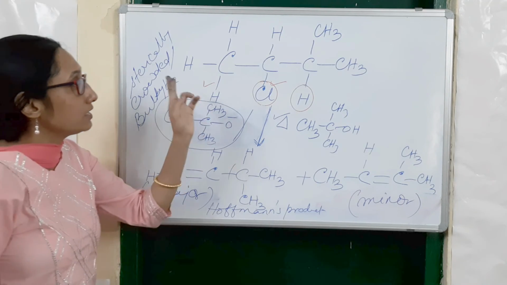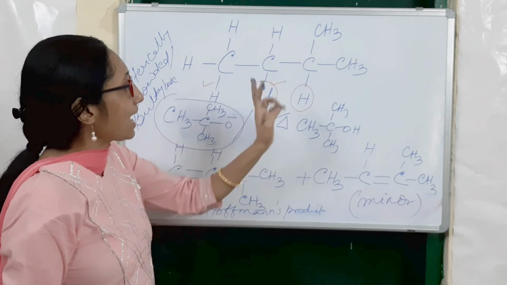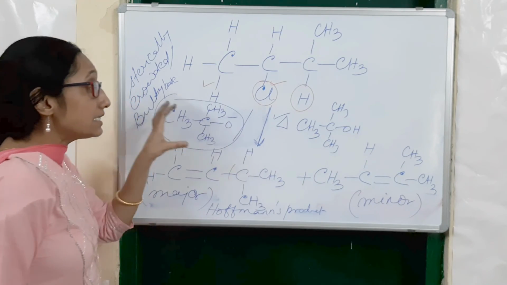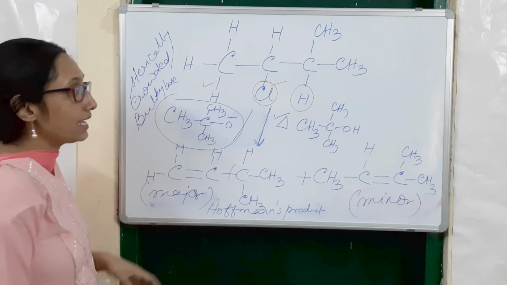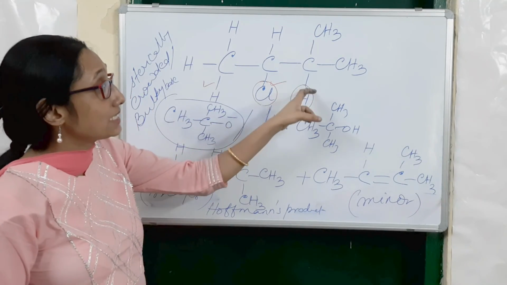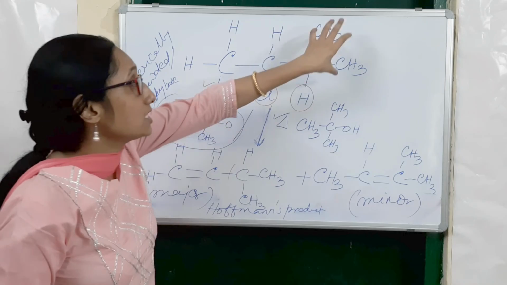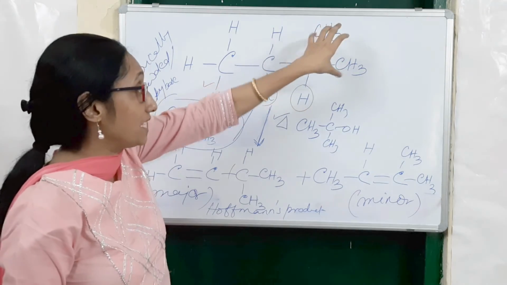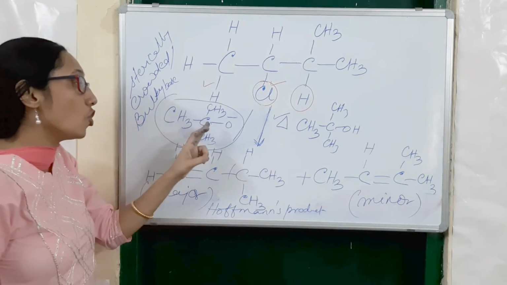Now we have this beta hydrogen and this beta hydrogen. Since the base is bulky, it will not be able to access this beta hydrogen because this place is already a crowded place. So this base has no other option.